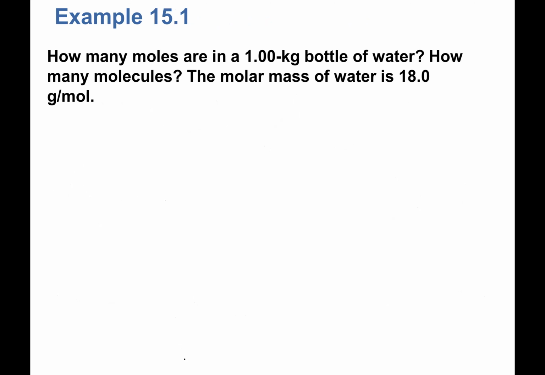I have to give you one more equation that we can use. So we're given what type of substance we have. It's basically liquid water. We're given how much of it, 1 kilogram, and we want to know the number of moles. And also we want to know how many molecules.